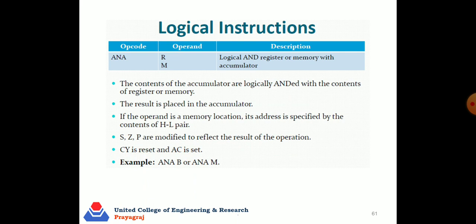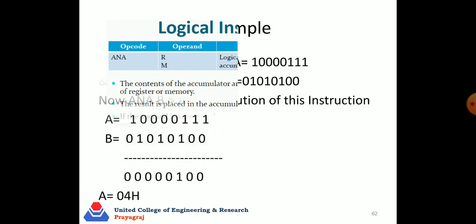It is fixed. Only 3 flags are affected according to the data, and the carry flag is reset and the auxiliary carry is set, like ANA B or ANA M.